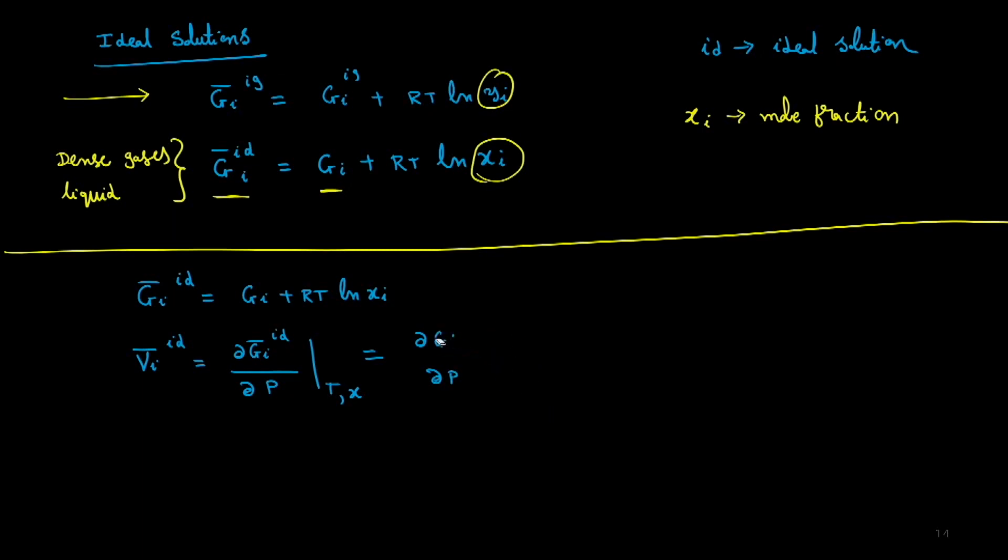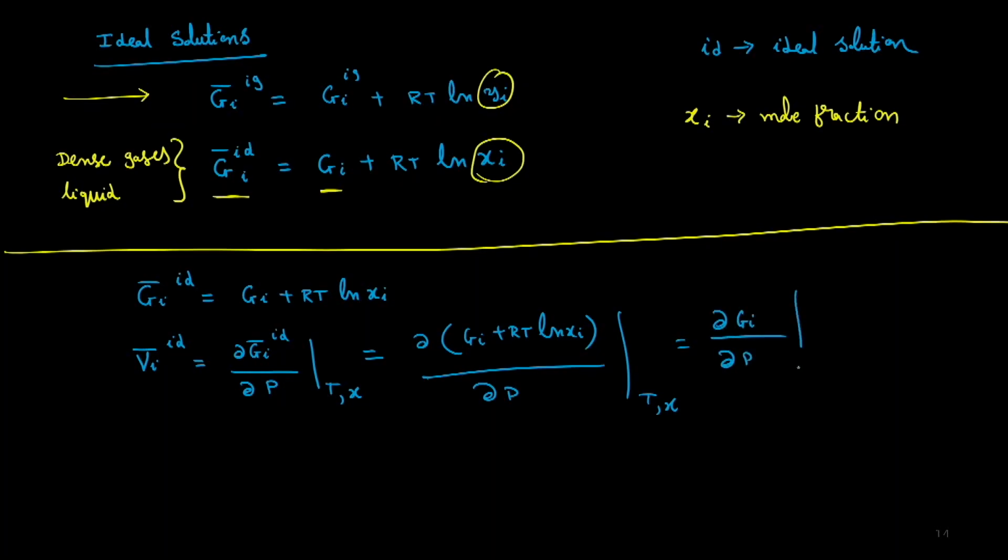Let me write that explicitly. This will be the derivative of Gi plus RT ln xi with respect to pressure at constant T and x. Now, because temperature and x are constant, the second term drops out and all I have left is the derivative of Gi with respect to P at T and x, which is essentially the molar volume for component i, Vi.